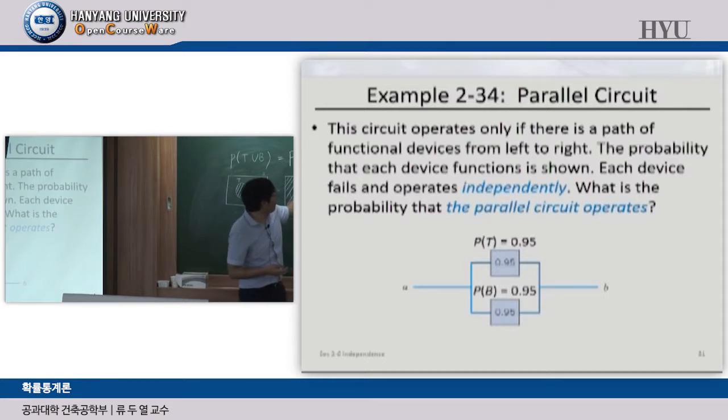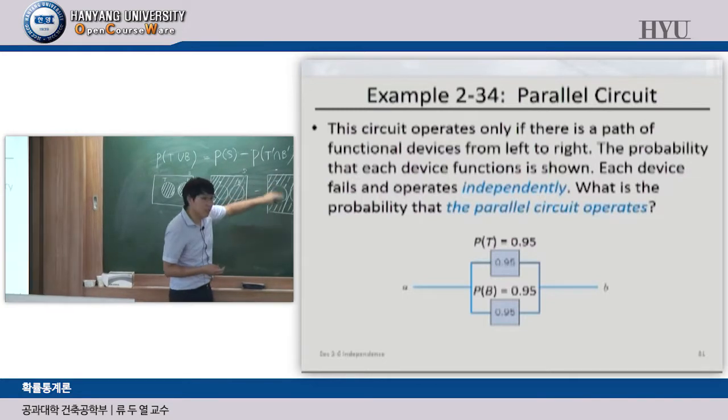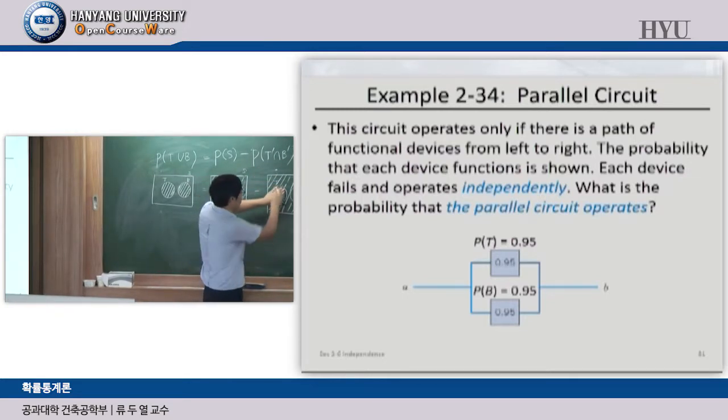The intersection of the complement of T and the complement of B will be this shaded area. So the complement of T is this part, and the complement of B is this part, right? But for the intersection, only the surrounding area remains.